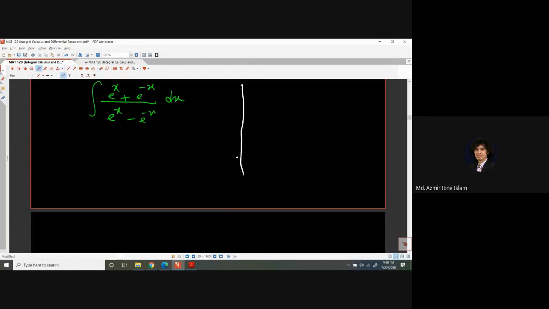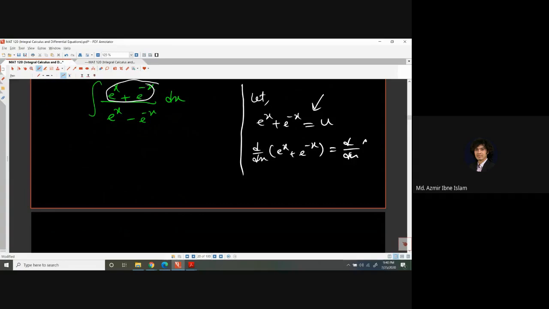So first of all, if I take the upper part, what will be the problem? Let's verify. If we take e to the power x plus e to the power negative x as u, I am not sure whether it is suitable or not. We will understand within some seconds. That is, d/dx of e to the power x plus d/dx of e to the power minus x is equal to d/dx of u.